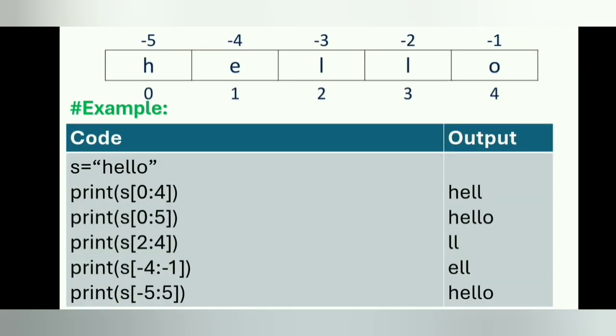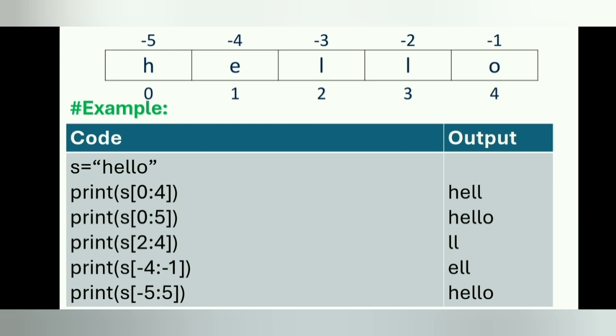Example. In this example, string hello is assigned to the variable s. The first print statement, print s[0:4], will display the characters from position 0 to 4. Here 4 is excluded, so it will display the characters from position 0 to 3.